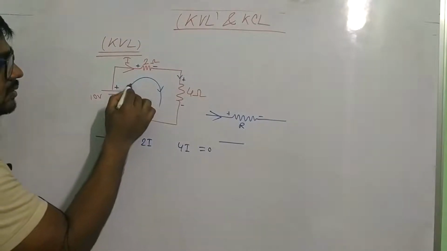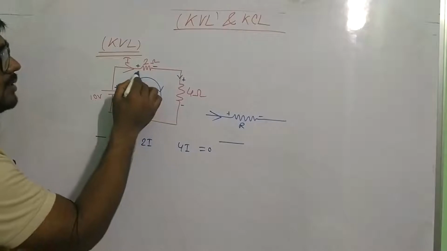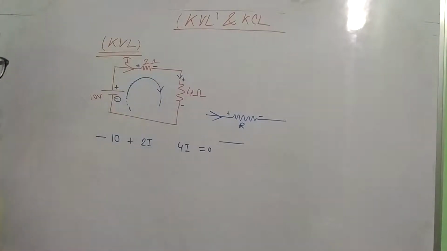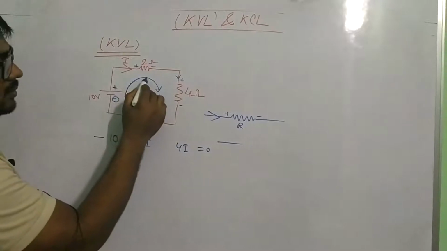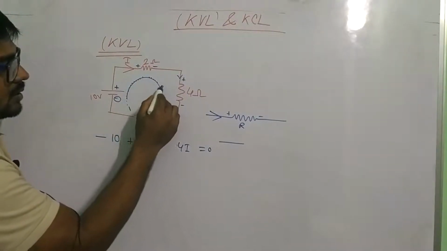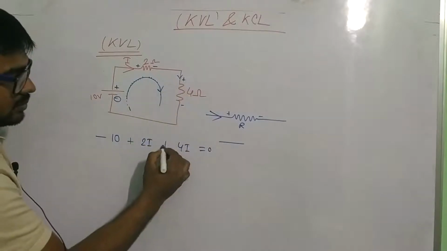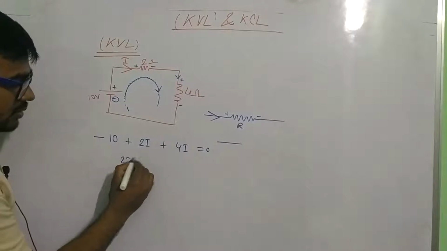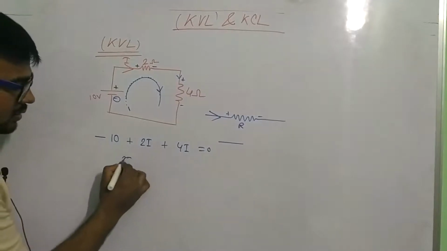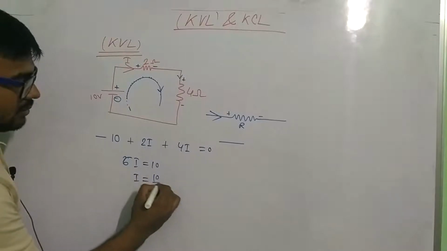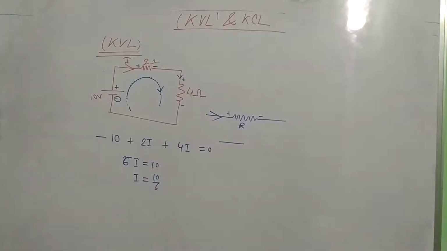After that, when I come to this position, the first sign is positive. Now walking through this resistance, the first sign is positive, equal to 0. So 2I plus 4I equals 6I equals 10. I equals 10 by 6. Clear?